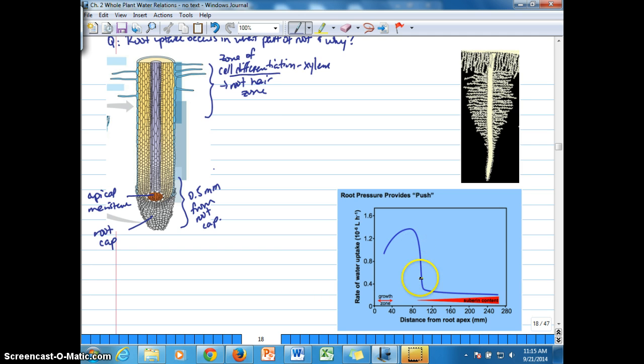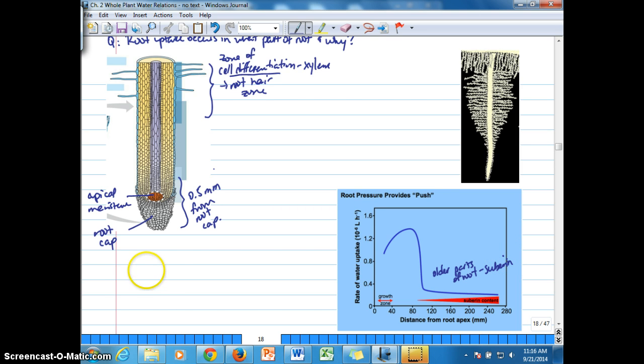That's still within a zone of cell differentiation, towards the older sections of the root. So as the root ages, more basally located, there's an increase in suberin content.